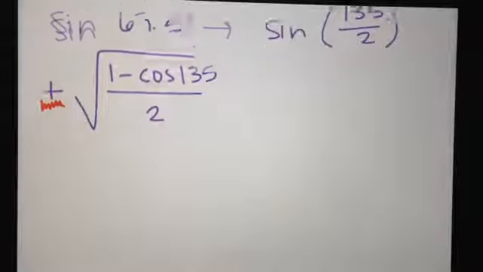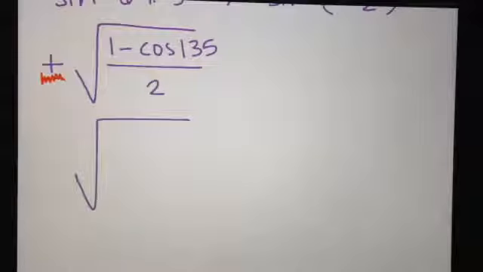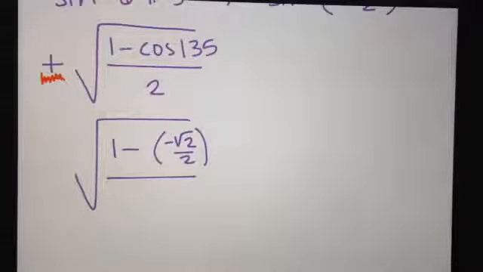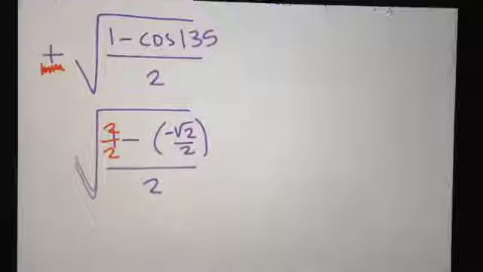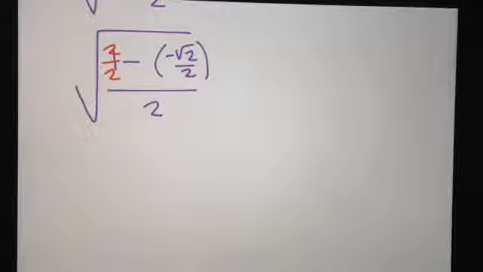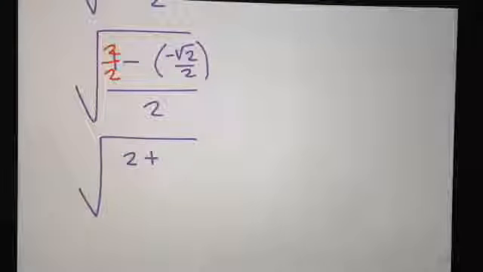So I have 1 minus, and then cos of 135 is negative root 2 over 2. We've got 2 on the bottom. Now I know on the top I've got a fraction and something that's not a fraction, so I'm going to want to get a common denominator and then push those 2 fractions together. So now on the top what I have is 2 plus the square root of 2, and that's because that minus minus right there made a plus.